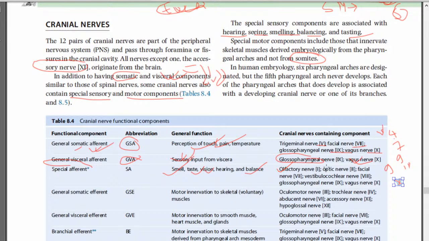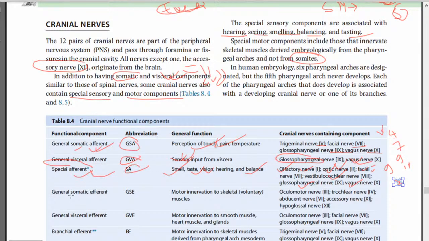The olfactory nerve carries smell, the optic nerve vision, the vestibulocochlear nerve balance and hearing. The facial nerve and the glossopharyngeal nerve carry taste. So all of these have the special afferent functional component.